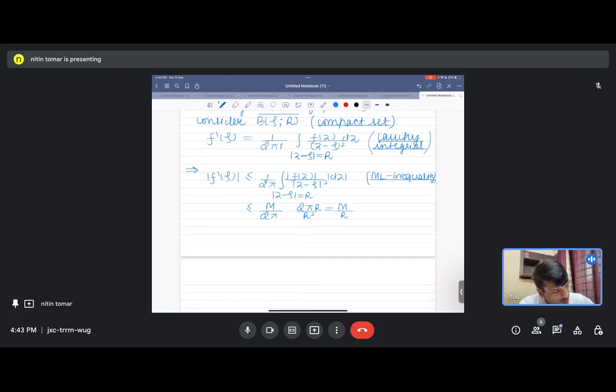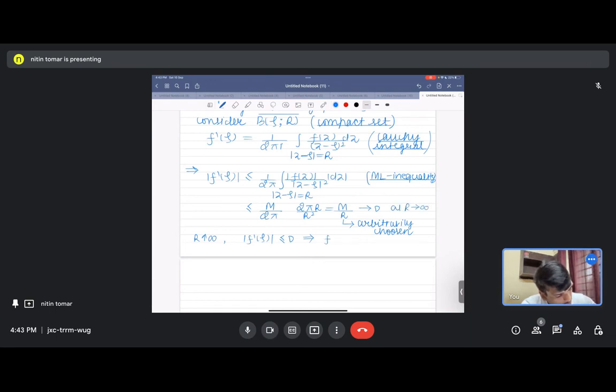So this r was arbitrarily chosen. So you can choose r going to infinity. So then this will be less than or equal to 0. So this tends to 0 as r tends to infinity.